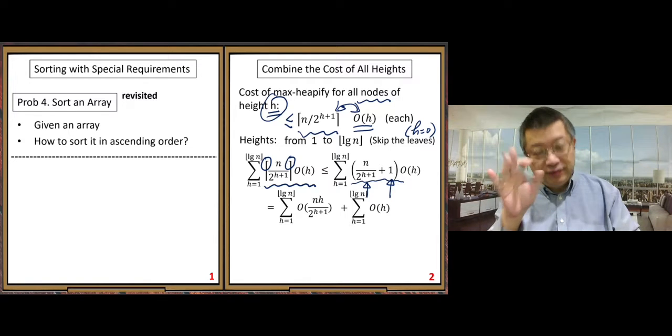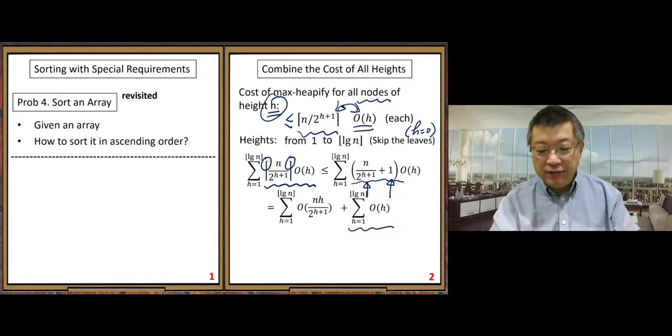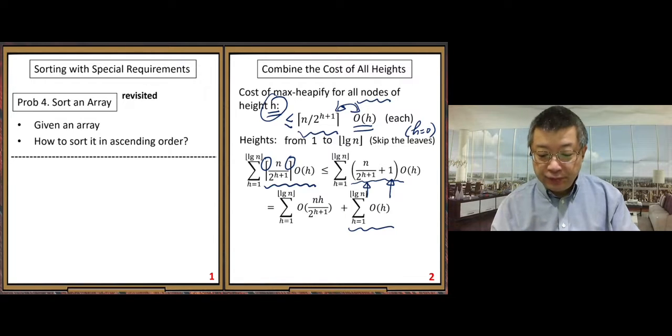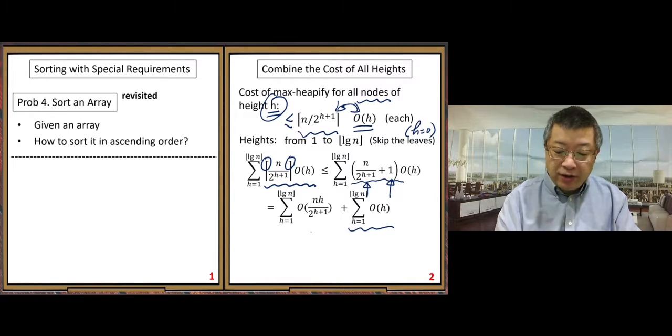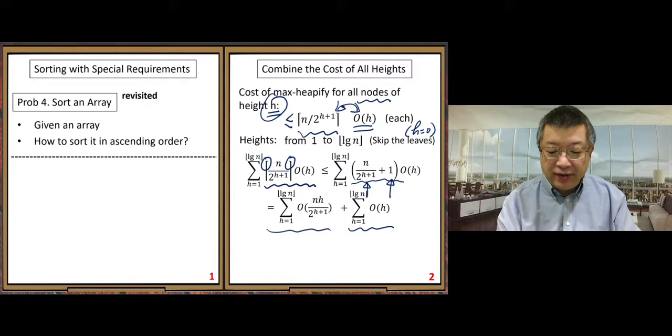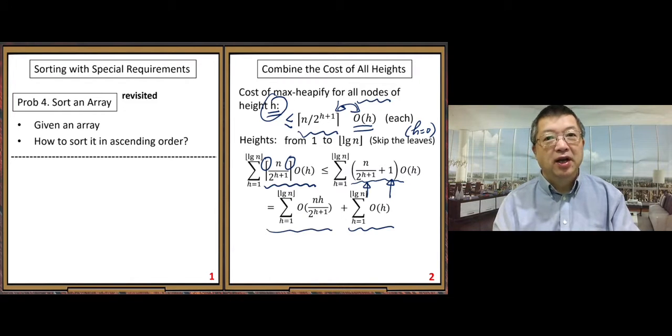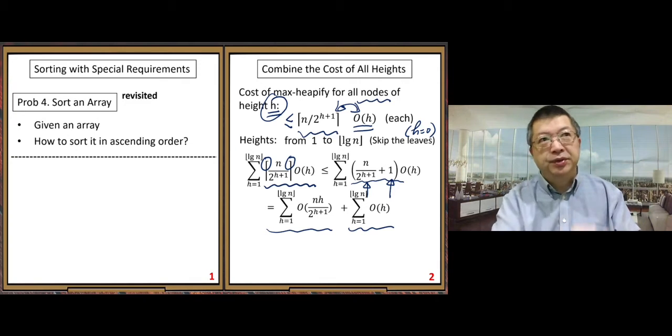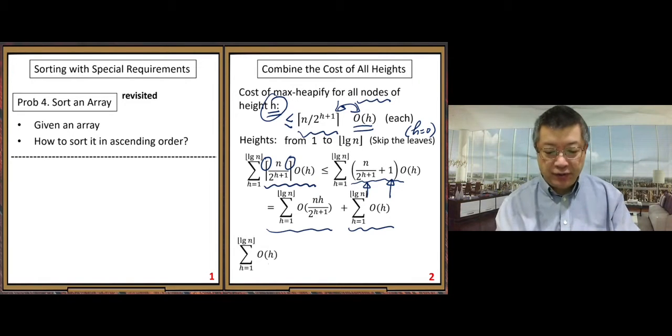The second part should be easy. The first part looks pretty complicated, so let us separate these two terms. The second term is very easy, so let us do it first.